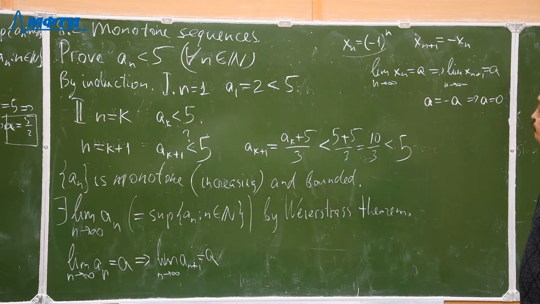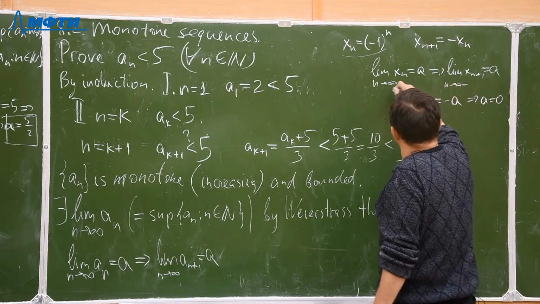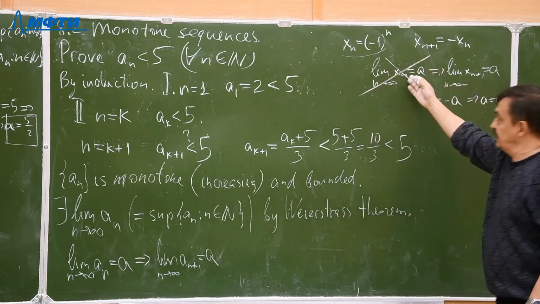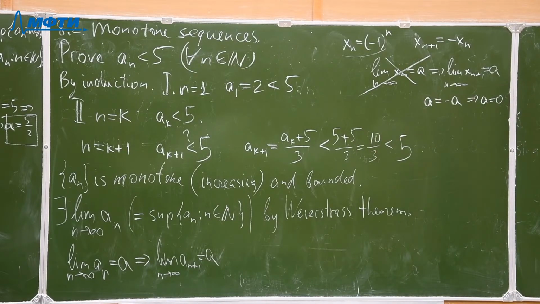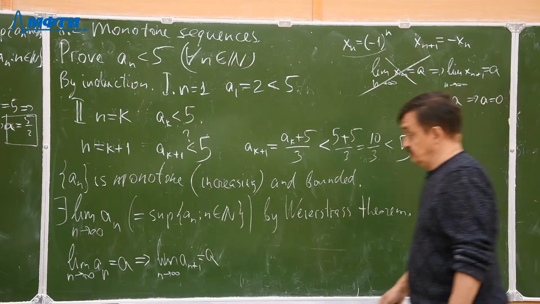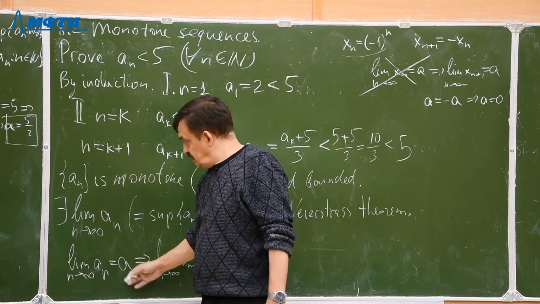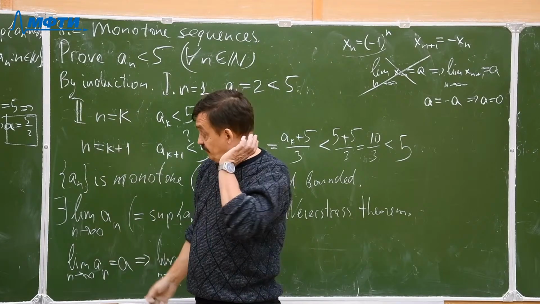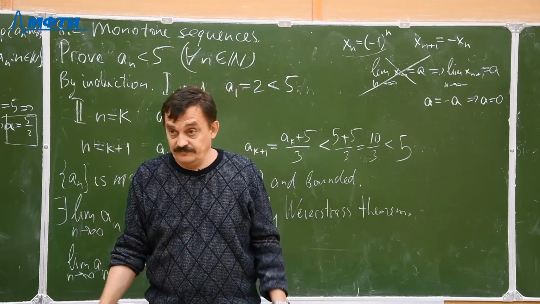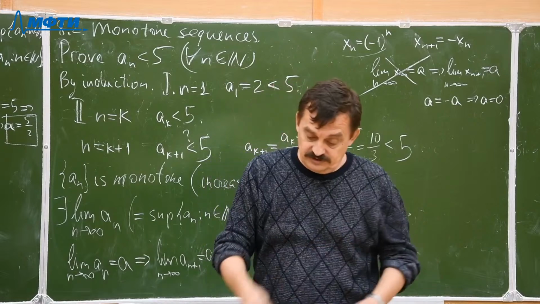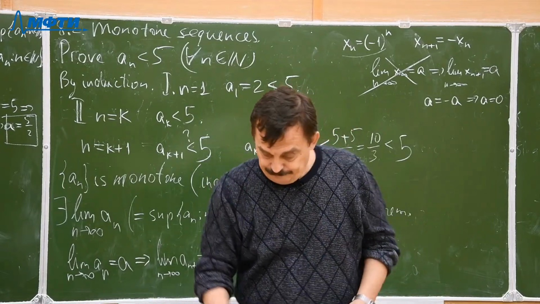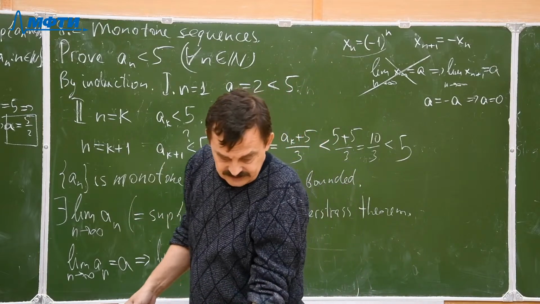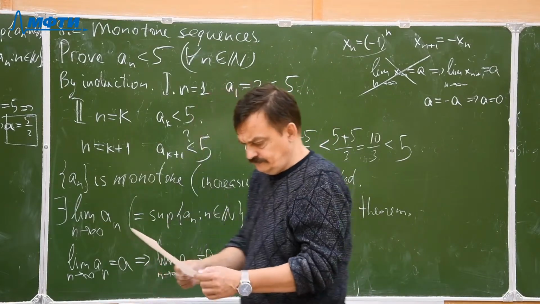So we cannot start with this notation. No right to do it. Because here, first we have proved the existence of a limit by the Weierstrass theorem. Only after that we used the consideration of taking the limit.